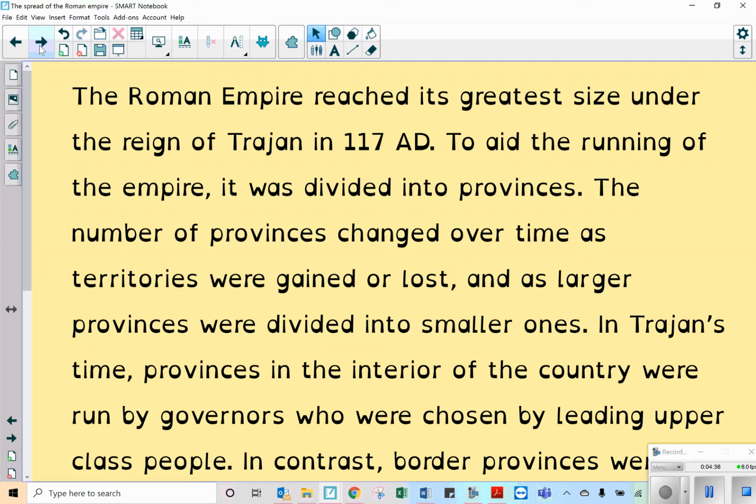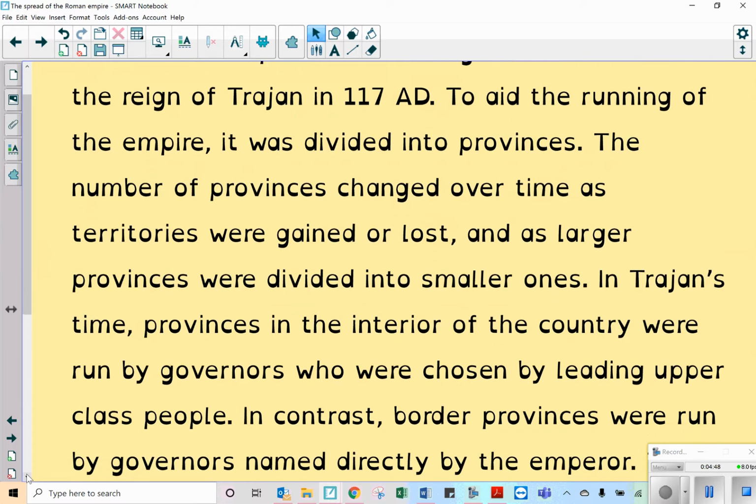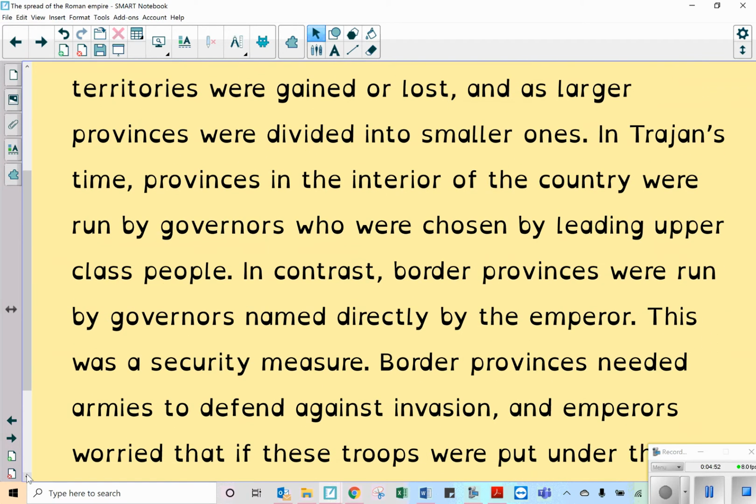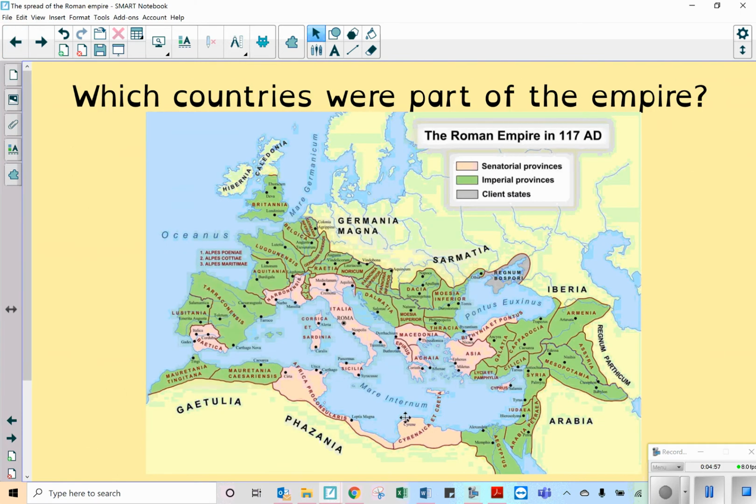The number of provinces changed over time as territories were gained or lost, and as larger provinces were divided into smaller ones.